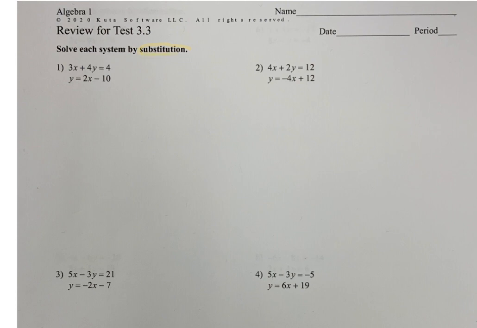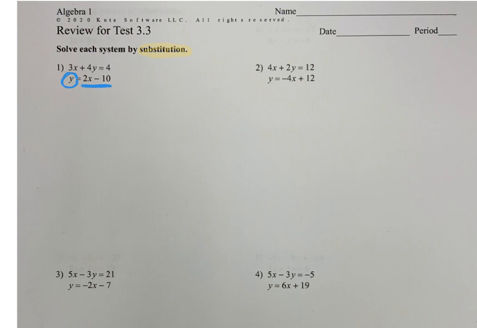So solving by substitution. Okay, so we're going to start out by taking a look at both of our equations. And we've got y already set up to isolate it, so that you have 2x minus 10. So instead of using y, we're going to substitute y for 2x minus 10.